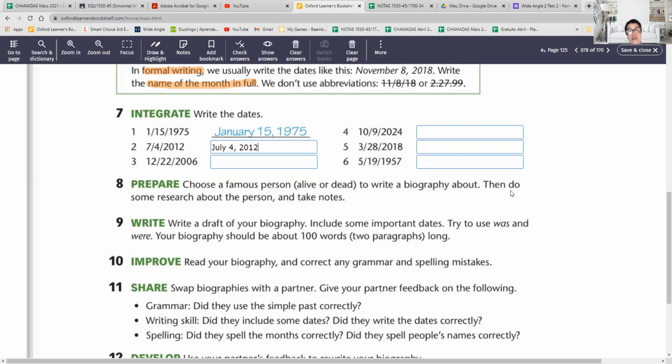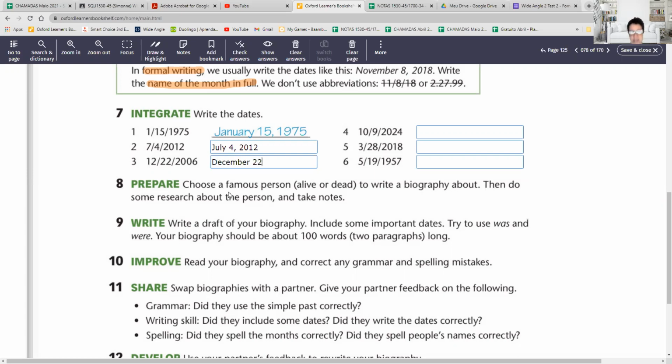In common conversation, colloquial English, it's common to say twenty twelve, okay? But this is formal. So number 3, how do we write that? The month is December.